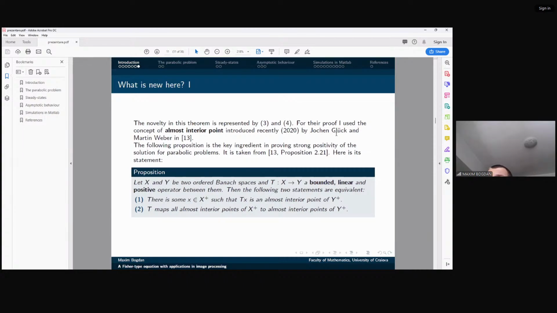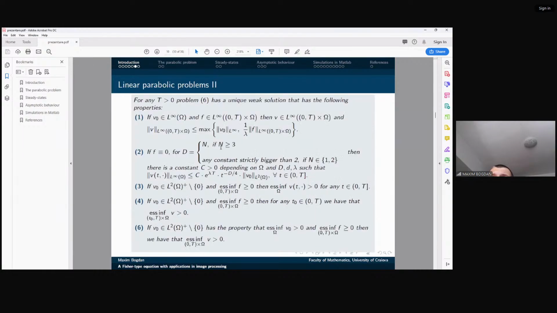I communicated with them to show my result. This is their result, which means that if you have some point in a space and it is transformed into an almost interior point of the other space, then all the almost interior points of the first space become interior points of the second space. This is what I use here.